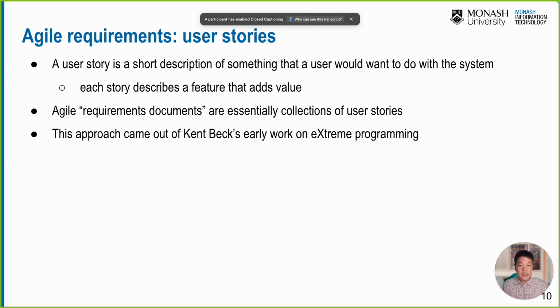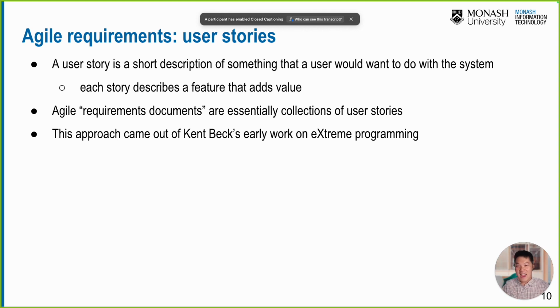Basically, the user story is a short description of something that a user would want to do with the system. And each user story describes a feature that adds value as well. So that means the user story must be valuable. It's a little bit hard to come up with some poor user stories, okay? So I'm going to skip that.